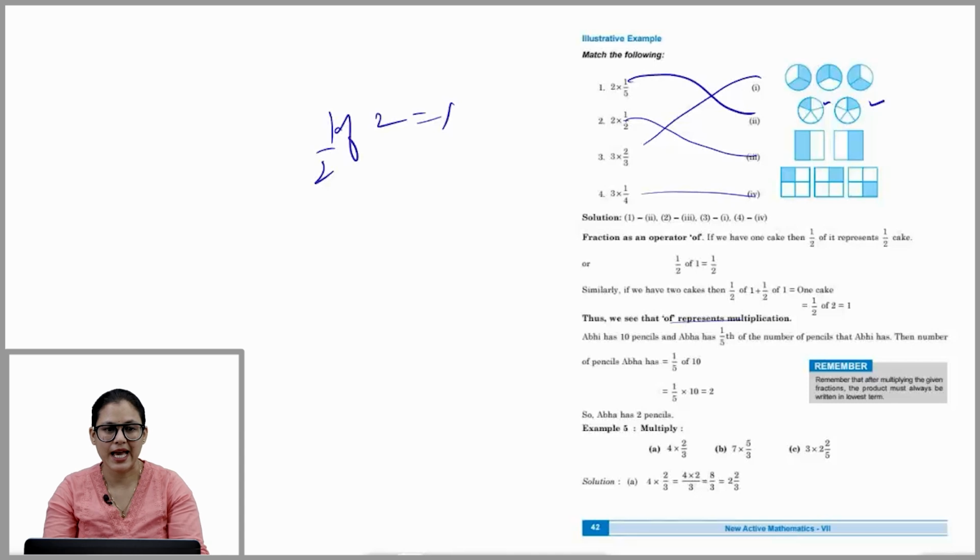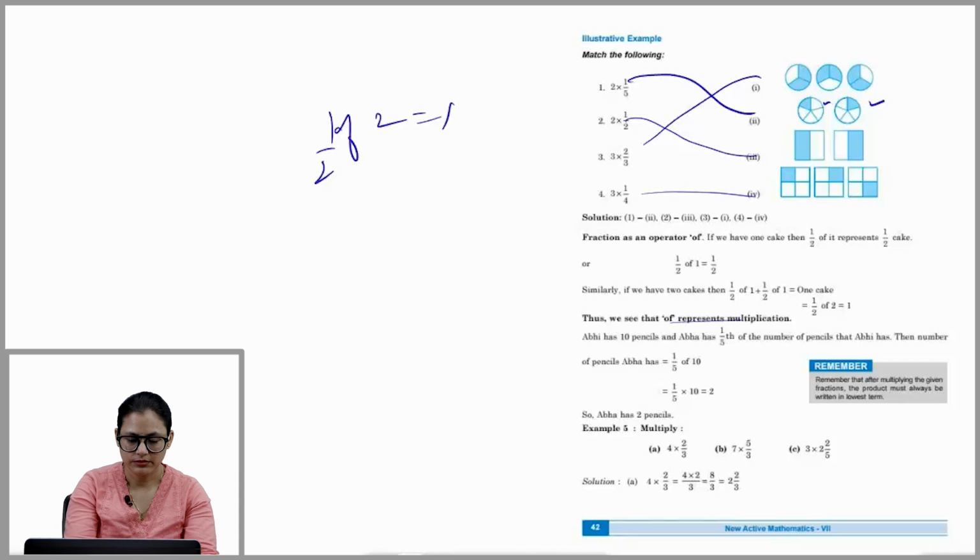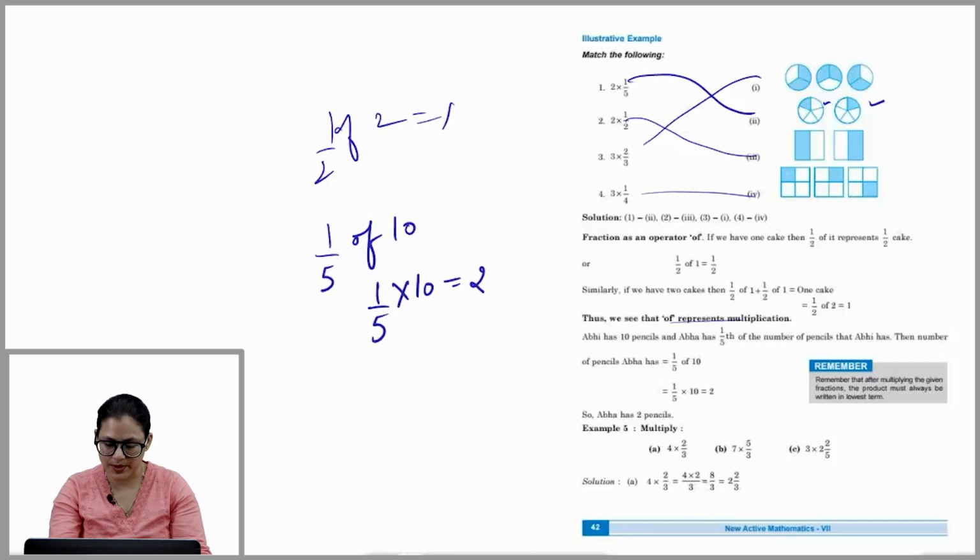Abhi has 10 pencils and Abha has 1/5 of the number of pencils that Abhi has. The number of pencils Abha has is 1 by 5 of 10. So 1 by 5 into 10 is equal to 2. So Abha has how many pencils? 2 pencils. So remember that after multiplying the given fractions, the product must always be written in lowest terms.